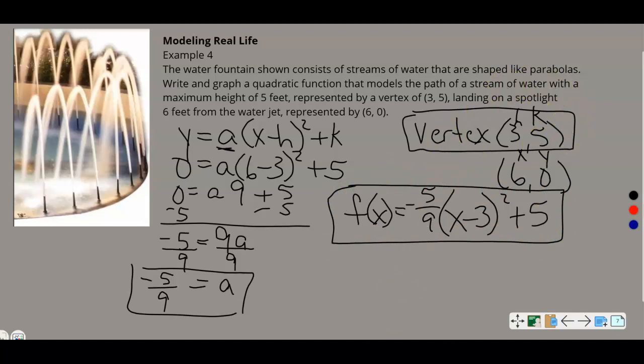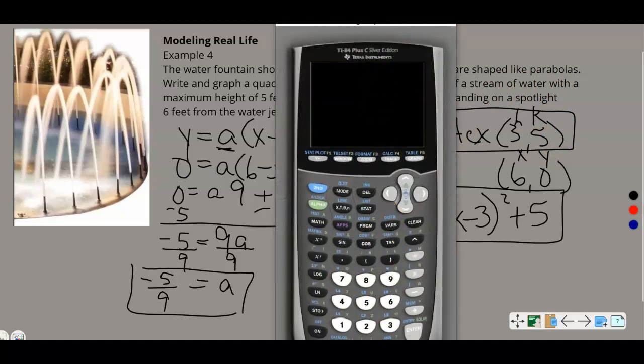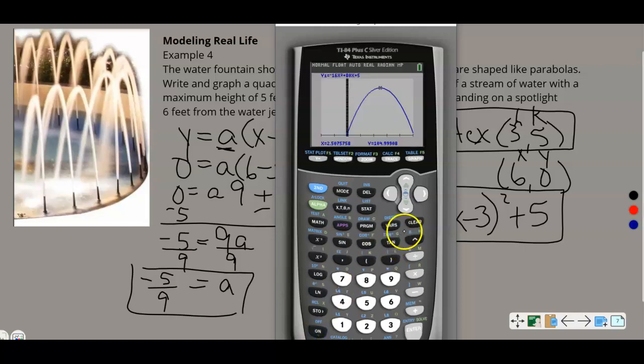All right, so it says write and graph a quadratic function to model the path of the water. So let's use our calculators. We're running out of time, so it may help to use our calculators. All right, that's the last one we graphed, so we need to go over here and clear this out.